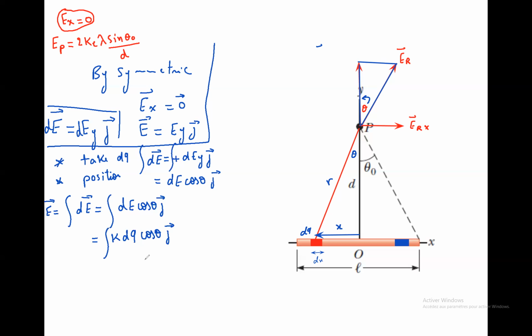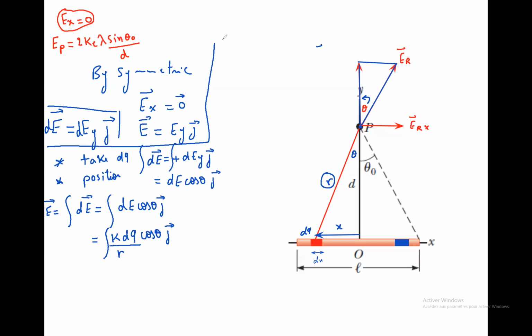integral divided by the distance square between the point P and the located small element, which equal to R. Okay, now we cannot put here the limit. Why? We have many variable parameters.